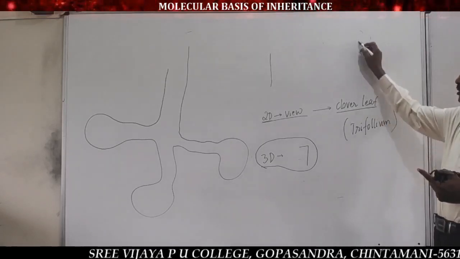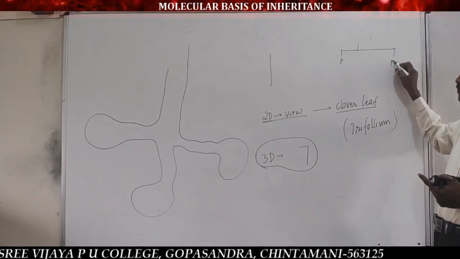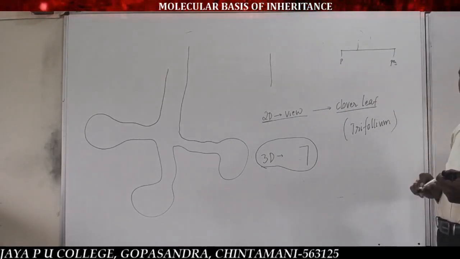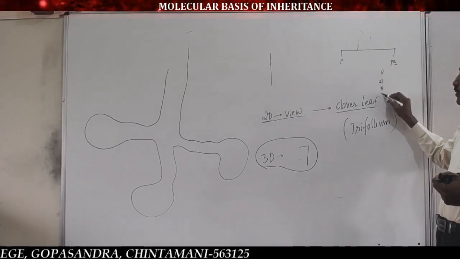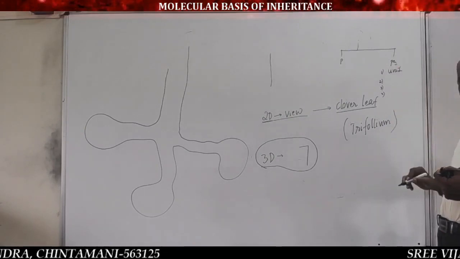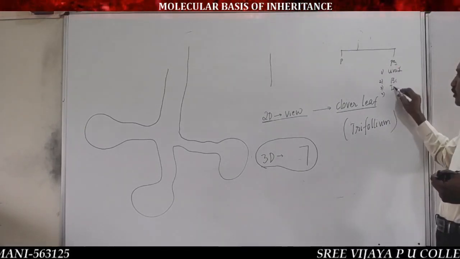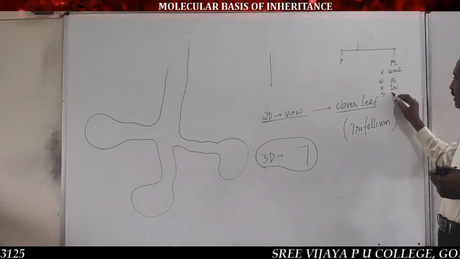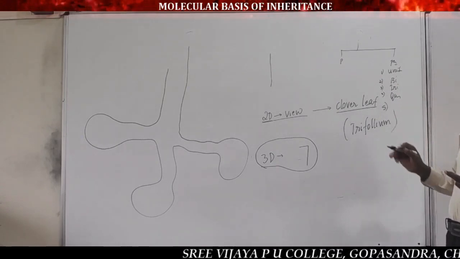Compound leaves are pinnate or palmate. Palmate compound leaves have 5 types: unifoliate, bifoliate, trifoliate, quadrifoliate, and multifoliate or digitate.